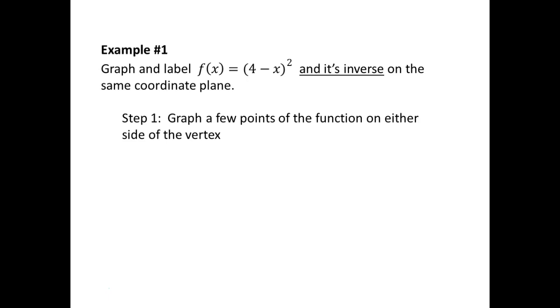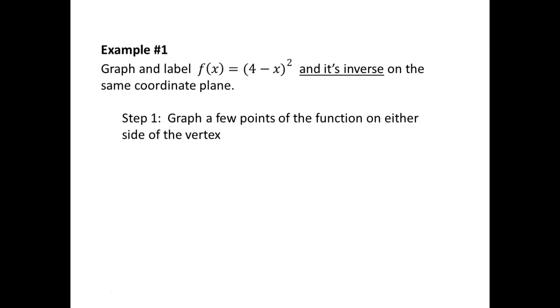This is a problem from your review, so you may want to go find this problem and do it now along with this video and make sure that you understand. Now we are going to graph and label this function f of x, which is a quadratic function, and its inverse on the same coordinate plane. Start with the vertex and graph a few points on the function on either side of the vertex.